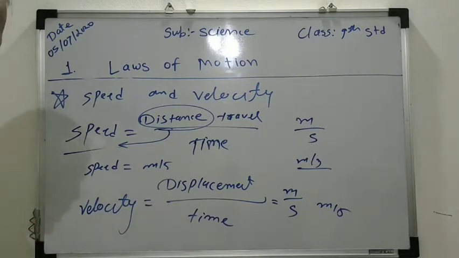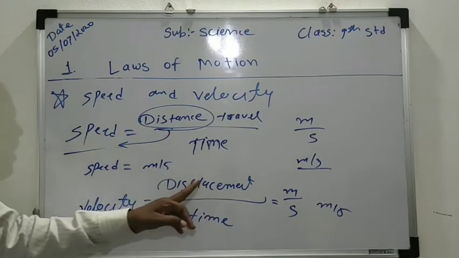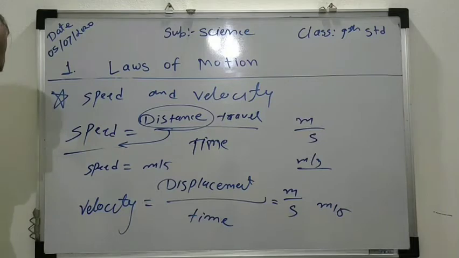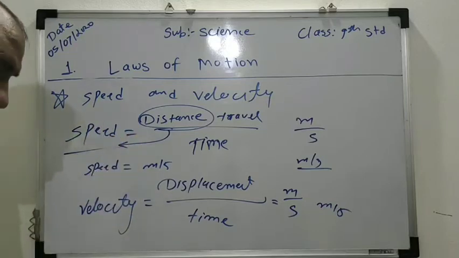The SI units of speed and velocity are the same, meter per second. Speed is related to distance and velocity is related to displacement. If the motion is along a straight line, the values of speed and velocity are the same. Otherwise they differ.